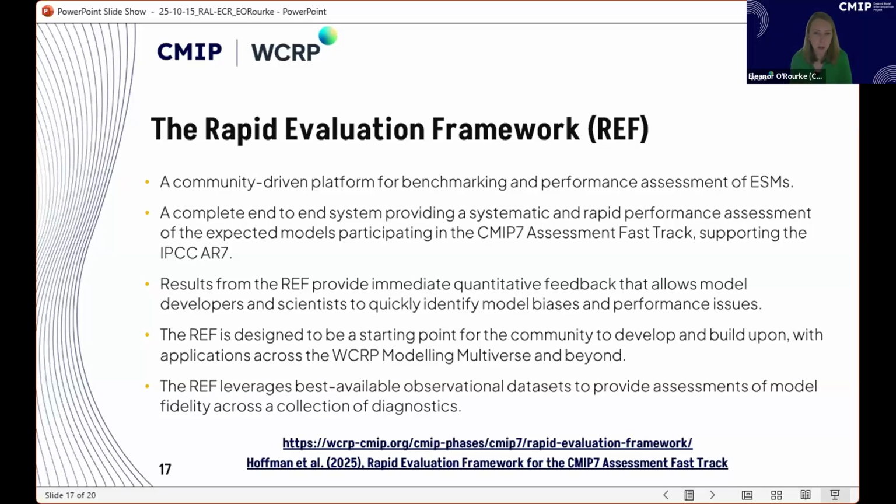And then it can have applications far beyond CMIP to other model types, like the regional models, where it can perhaps help them select which global models they use for their downscaling. It also leverages our best available observational data sets, both Earth observation and in situ. And that can then provide assessments of the model fidelity across the range of diagnostics.